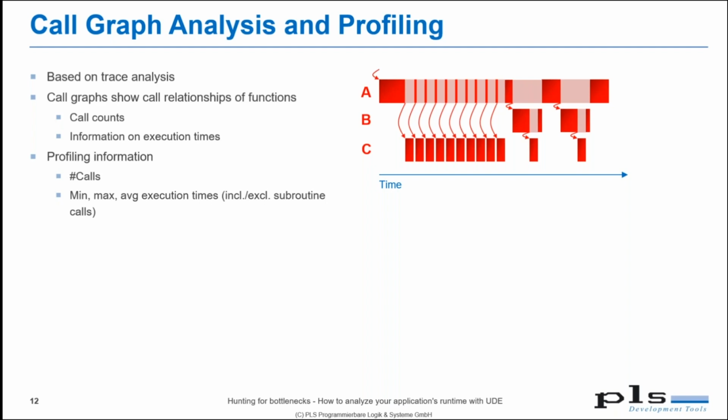So I mentioned before, the call graph shows us the relationship between the executed functions. So it shows us which functions were called from a specific function, or vice versa, from which functions a specific function was called. The call graph can be calculated from trace only, but we need this runtime information.